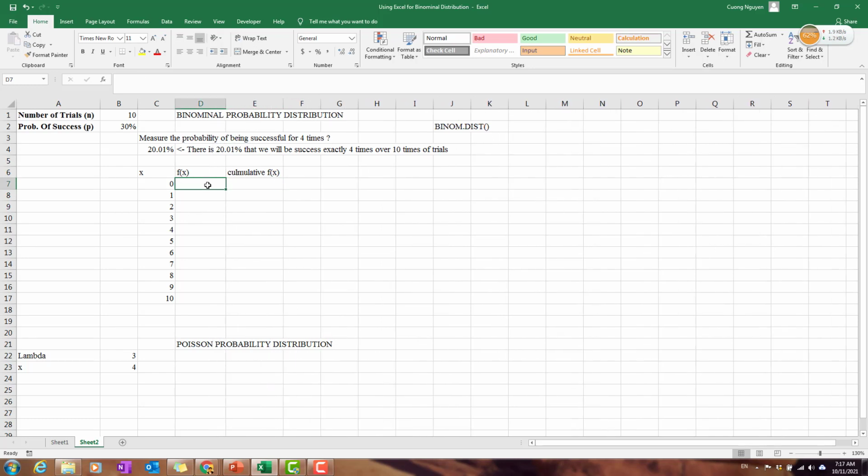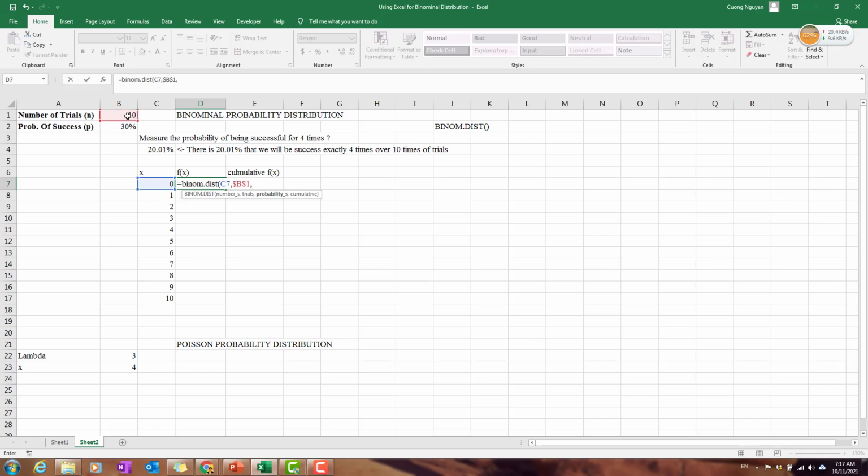So first, when we call the function of x, that means the probability of success in how many times, like 0 times of success. How do we do it? The same thing, BINOM.DIST, with number of successes based on this cell, C7, number of trials 10, and we have to fix that with the $ sign, because when we copy the formula it would otherwise change, but the number of trials is always fixed.